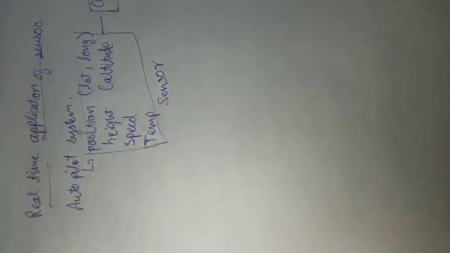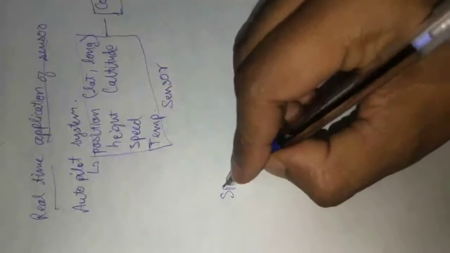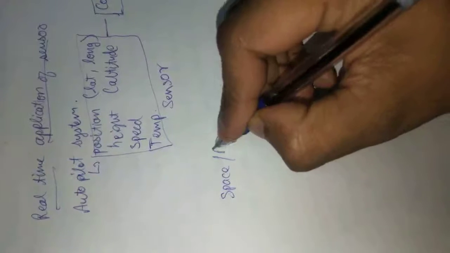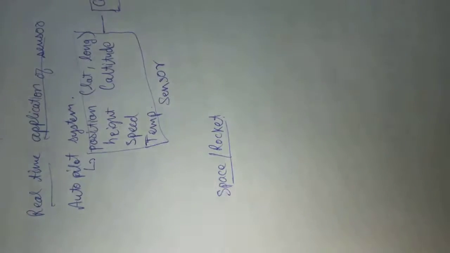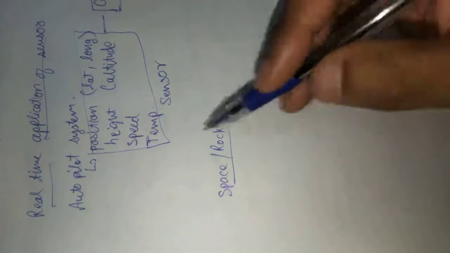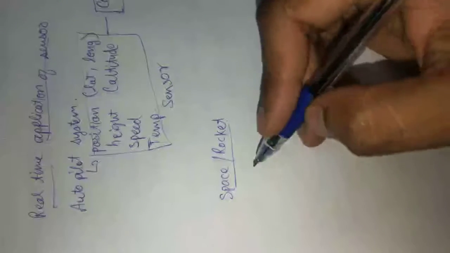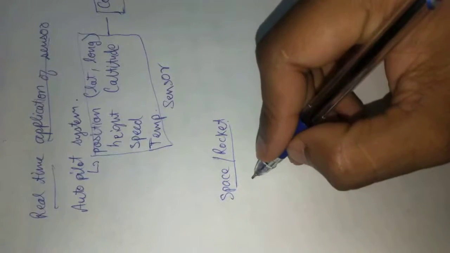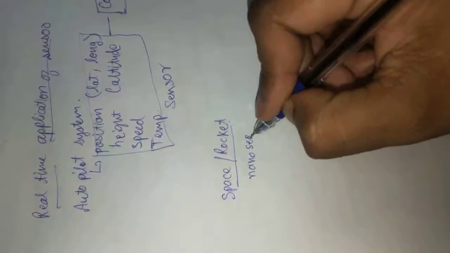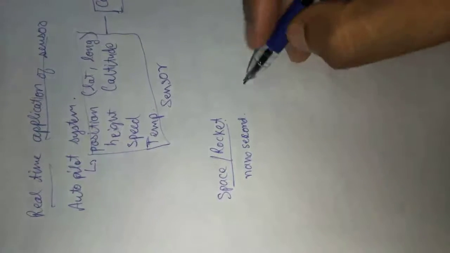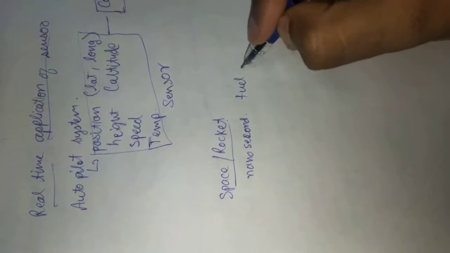Second example, you can say a real-time application is a spacecraft or a rocket. It is more complex than an aircraft application because within a nanosecond the rocket needs to decide the fuel burning rate.